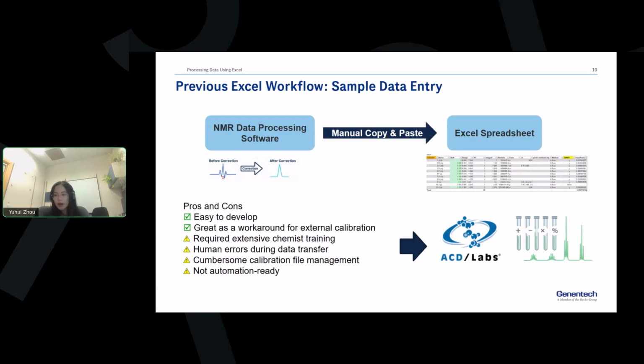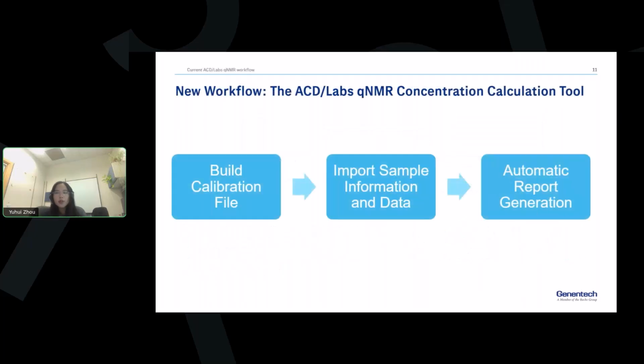That is why we decided to search for a new software solution, one that can combine data processing and data analysis in the same place, and that can minimize human error, streamline the process, and prepare us for automation. With the transition to the new qNMR tool developed by ACD/Labs, it has allowed us to streamline our workflow in 3 steps.